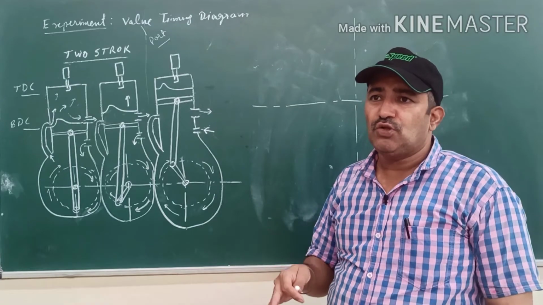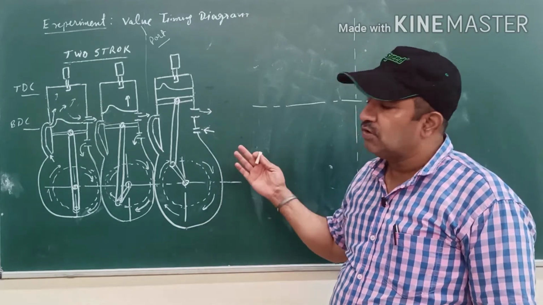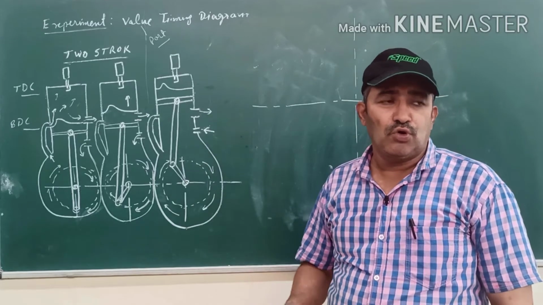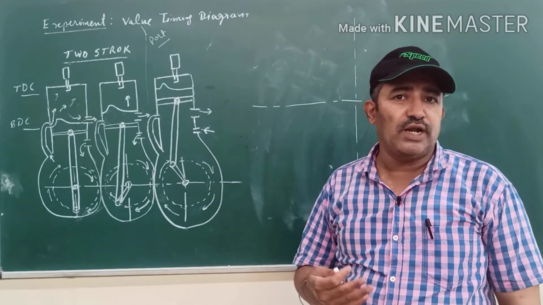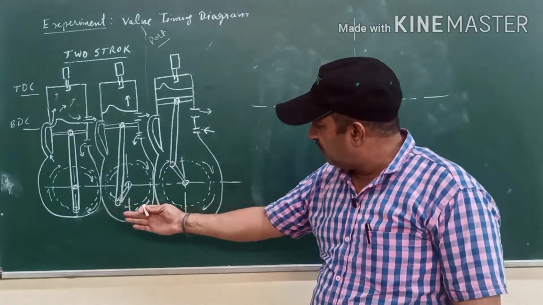In my previous video, I think all of you became familiar with the working of two-stroke, four-stroke, petrol and diesel engines. So in two-stroke engine you can see different processes.